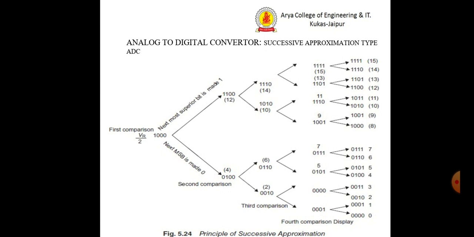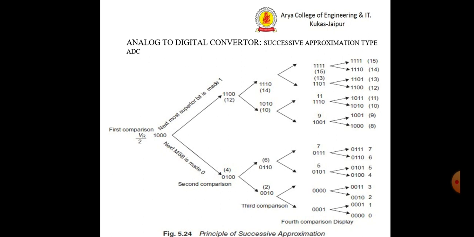The successive approximation type ADC compares the analog input to the D to A conversion module, the resistor network, along with the reference voltage, which is repeated by changing the reference voltage to half of the previous value.